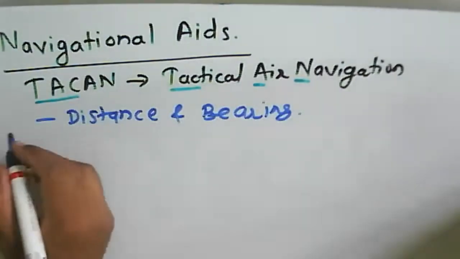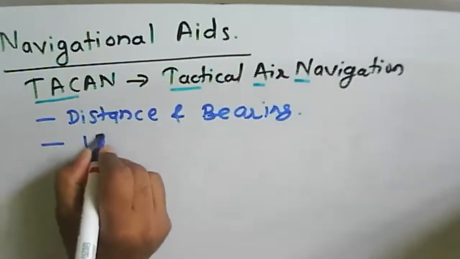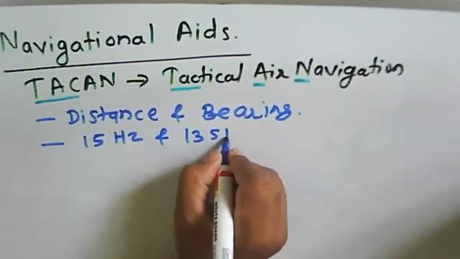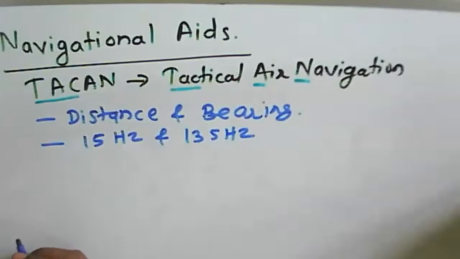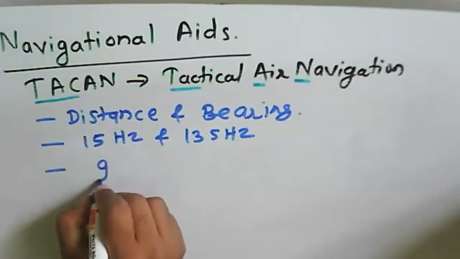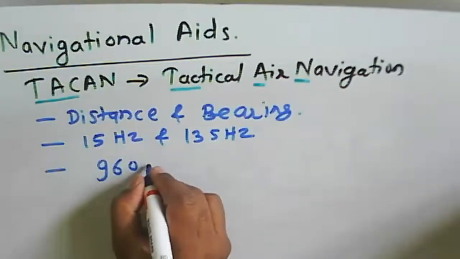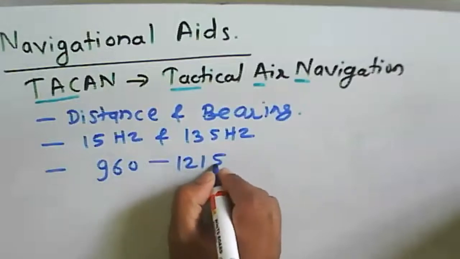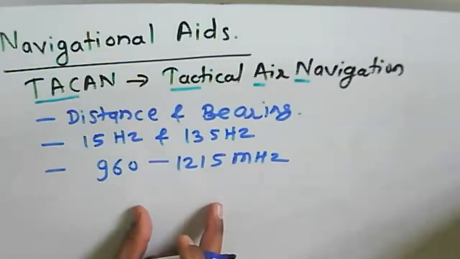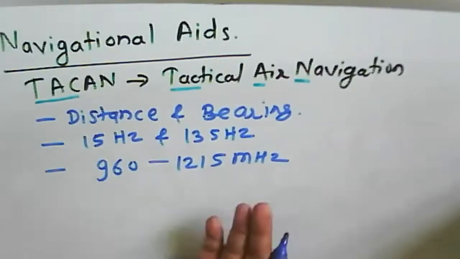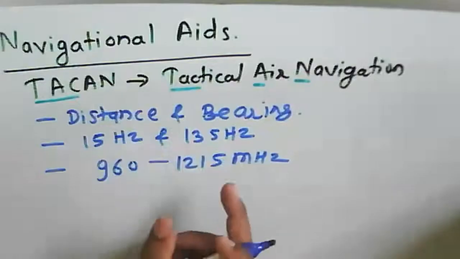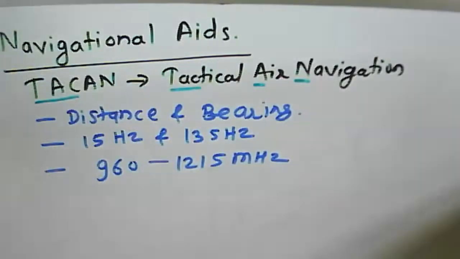Similarly, it uses one signal of 15 hertz and another of 135 hertz, and it mostly operates in the frequency range of 960 megahertz. If you see earlier, 118 to 115 megahertz is about the VOR receiver. So similarly, TACAN is in continuation with the VOR.